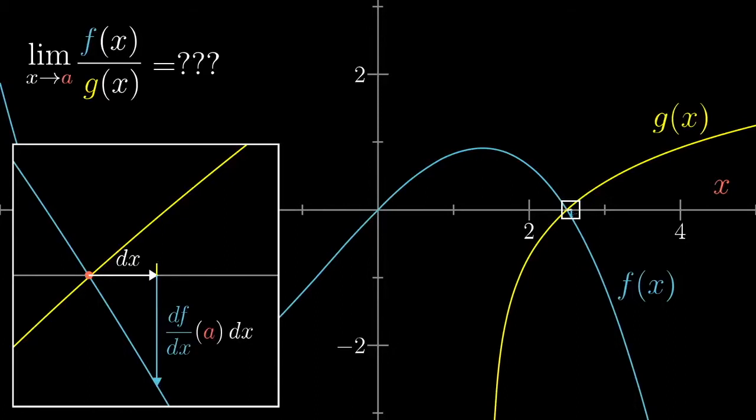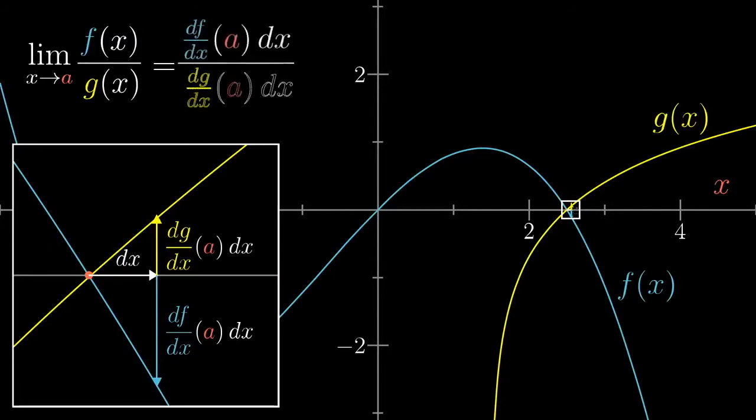Likewise, the value of g at that nudged point is approximately the derivative of g, evaluated at a, times dx. So near that trouble point, the ratio between the outputs of f and g is actually about the same as the derivative of f at a times dx divided by the derivative of g at a times dx.